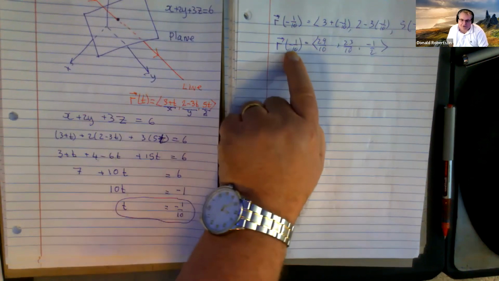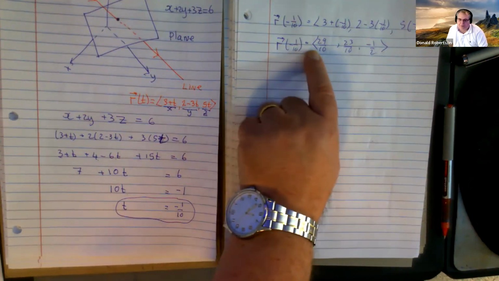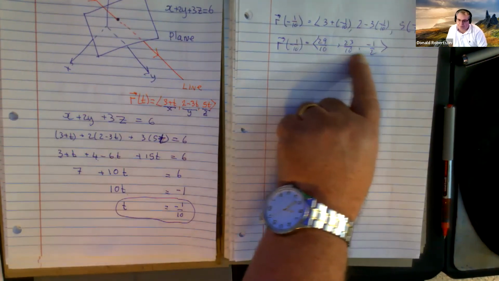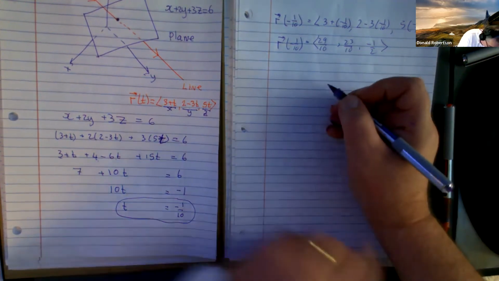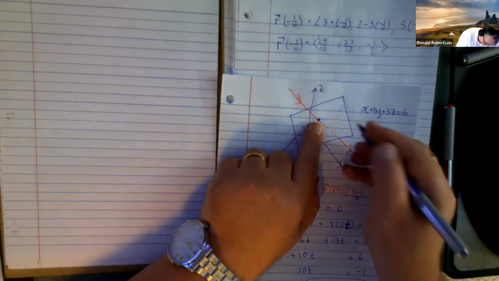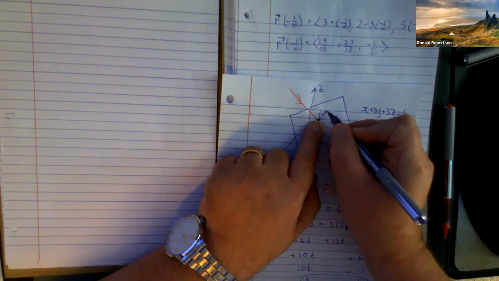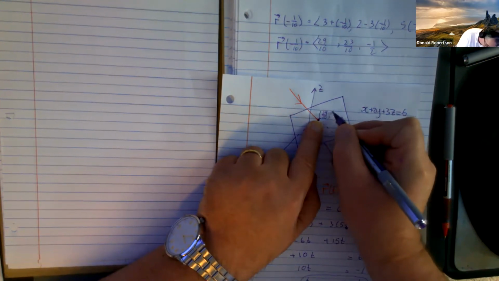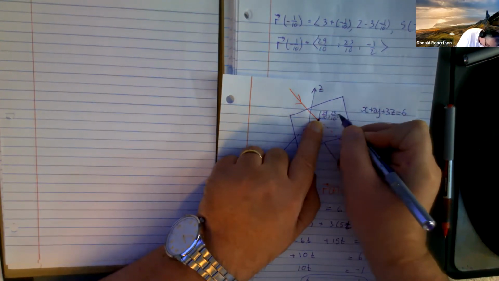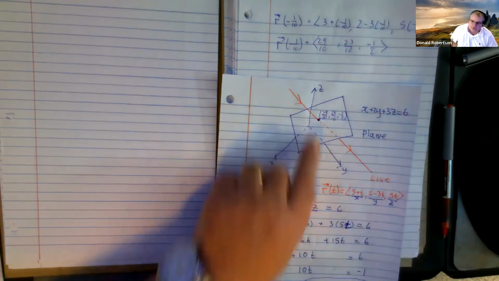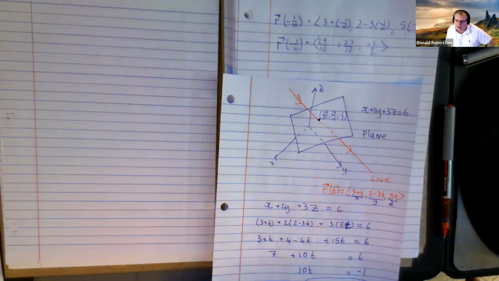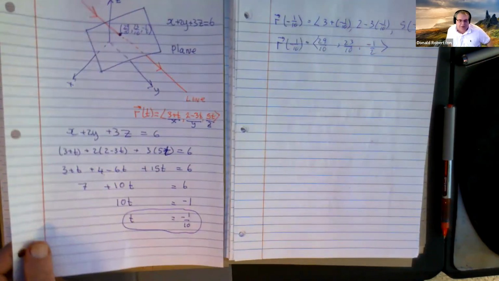Now we call these space curves, sometimes we say position vector. That is a position vector. That tells me the coordinates of this point. It's roughly at 29 tenths, 23 tenths, -1/2. So now I know the coordinates of where a line intersects a plane.